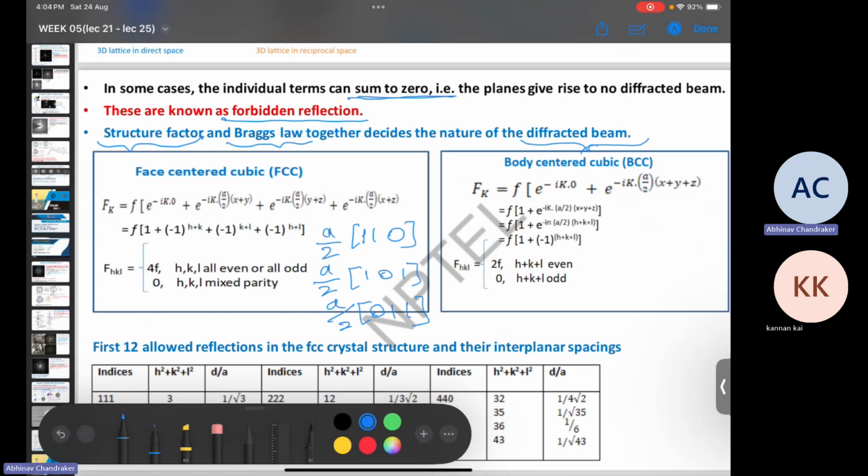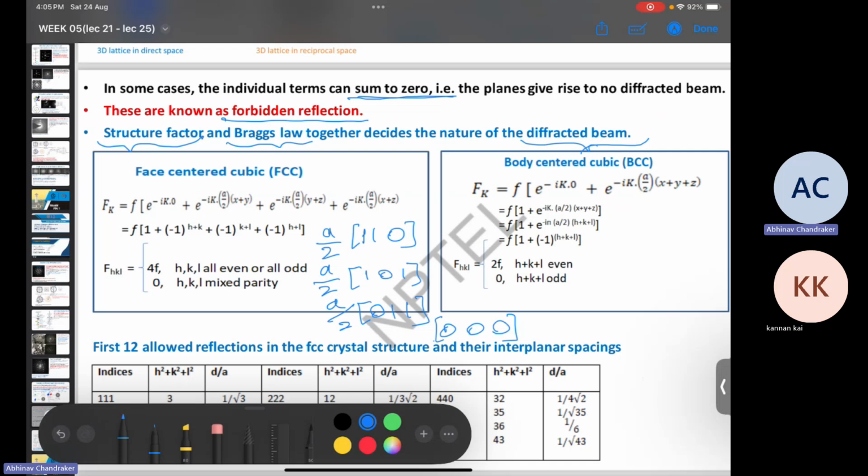Corresponding to this, there will also be an atom at the origin, that is 000, and by repeating these atomic positions, we can form the whole of the lattice just by adding up all of these. And I hope I am clear.